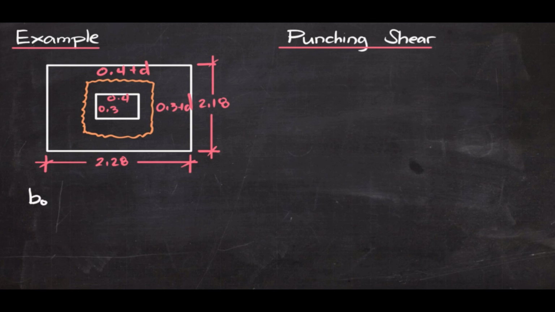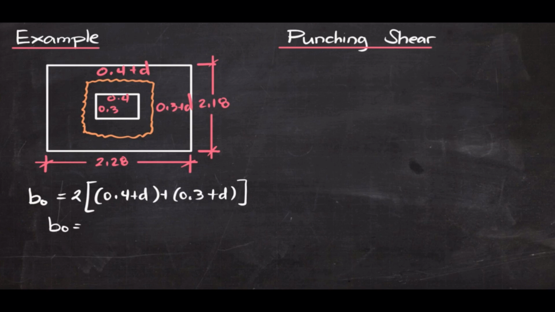The perimeter, let's call it b sub o, would be twice the sum of 0.4 plus d and 0.3 plus d. So this perimeter would be 1.4 plus 4 times the effective depth. The area under this critical section would be just the product of 0.4 plus d and 0.3 plus d. These are the two things that we need to compute first.